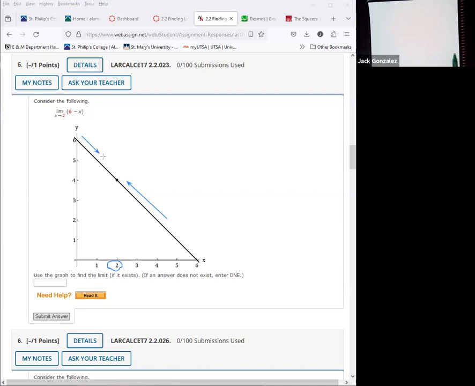What y value am I approaching from the left and right? Yeah, the function is going to 4 as we approach 2 from the right side and the left side. Since they're both going to 4, we say the limit exists and we put 4. If they were going to different places, you would say DNE, does not exist.